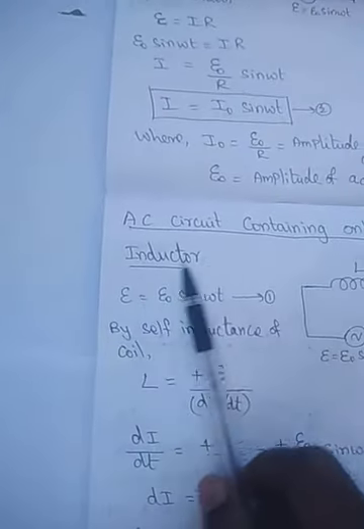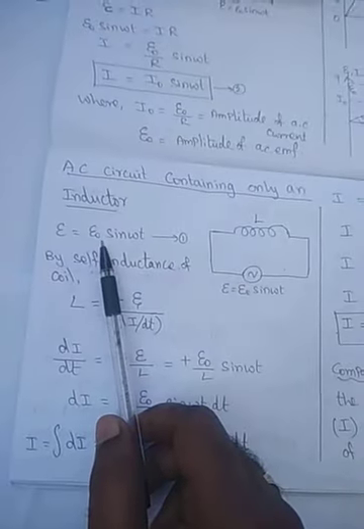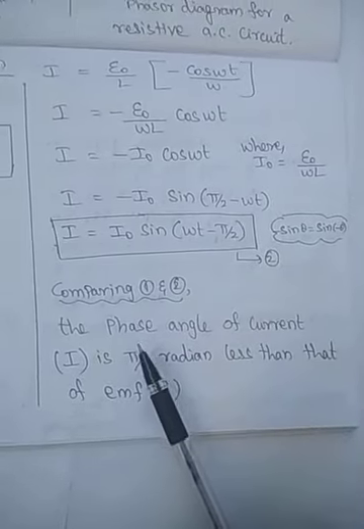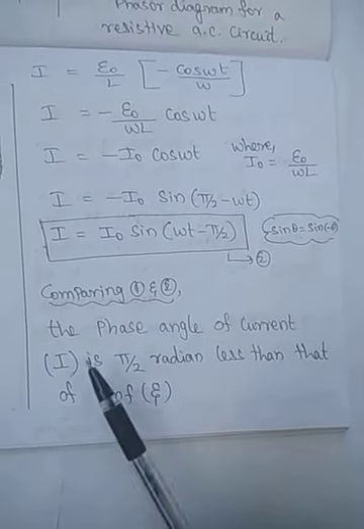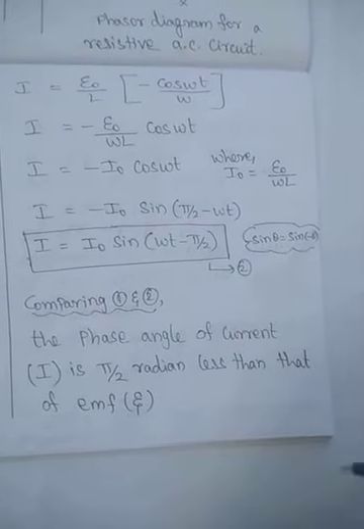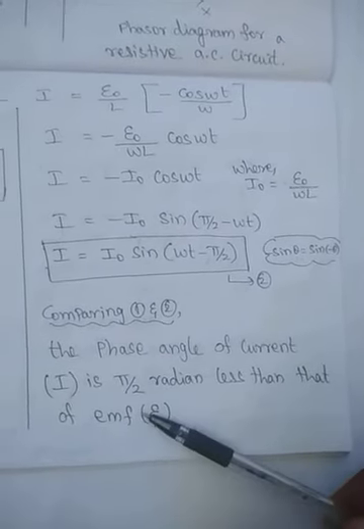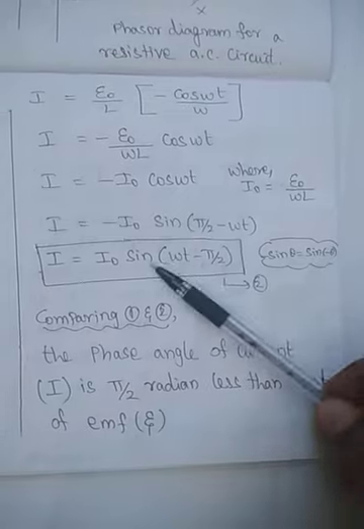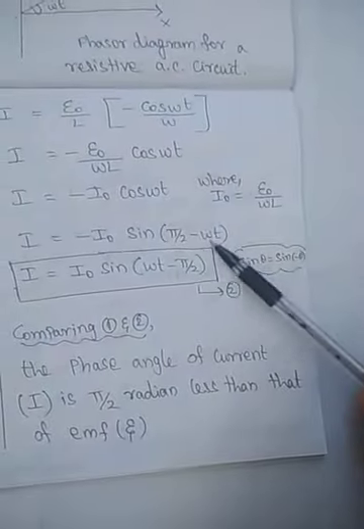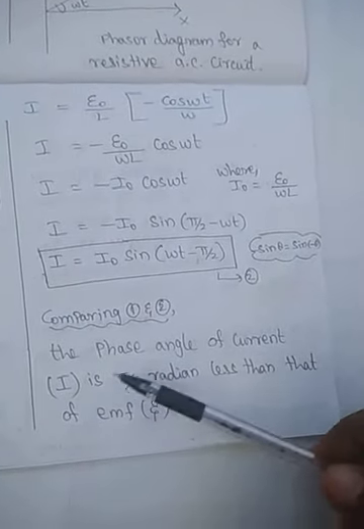This is the AC EMF given. Comparing these two equations, equation 1 and equation 2, we come to the conclusion that the phase angle of the current I is 90 degrees less than that of the EMF, because omega t is the EMF angle.